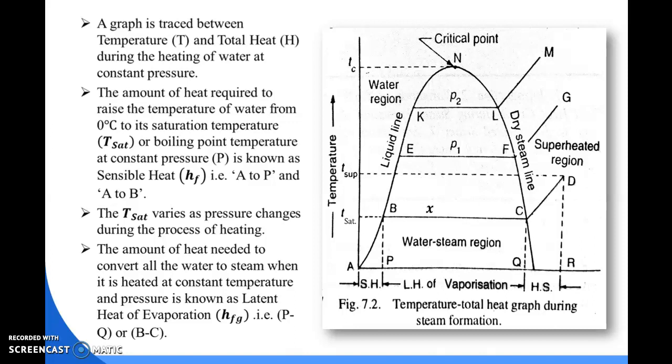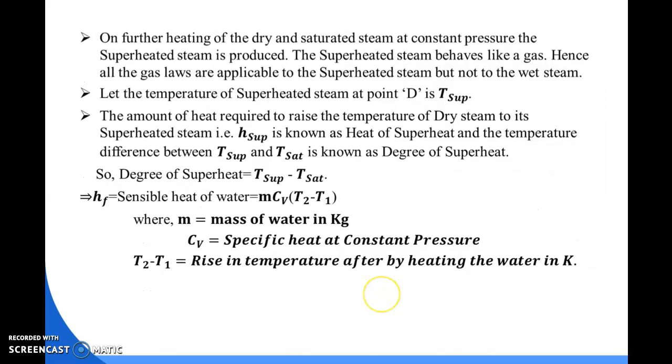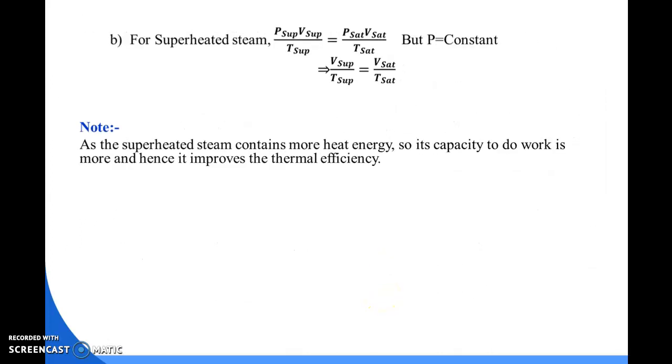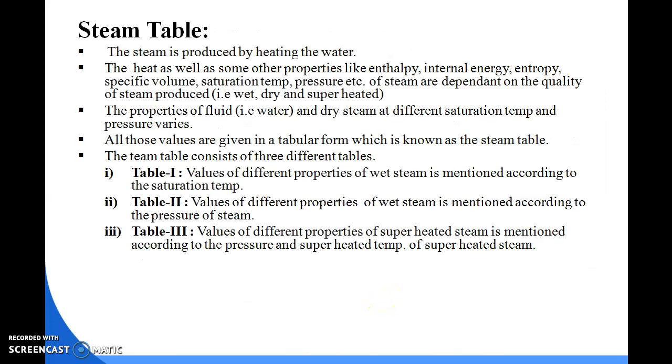That is known as the steam table. So, the steam table is a chart or a table or a book in which we get all the data of wet steam as well as the superheated steam at different temperature and different pressure.